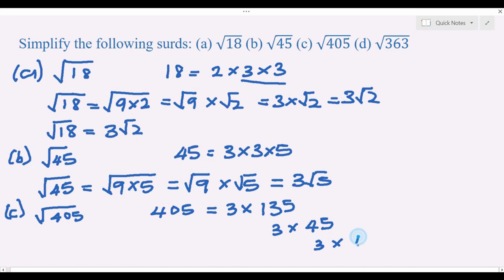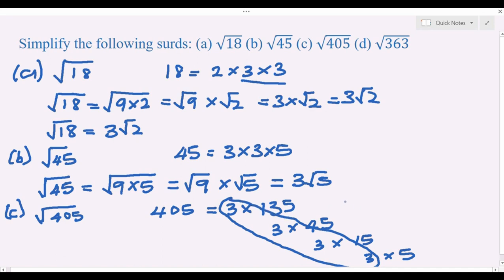So that will give us 15. 3 in 15, yes. Then the next prime factor is 5. You can see that I broke 405 into 3 times 3 times 3 times 3 times 5.